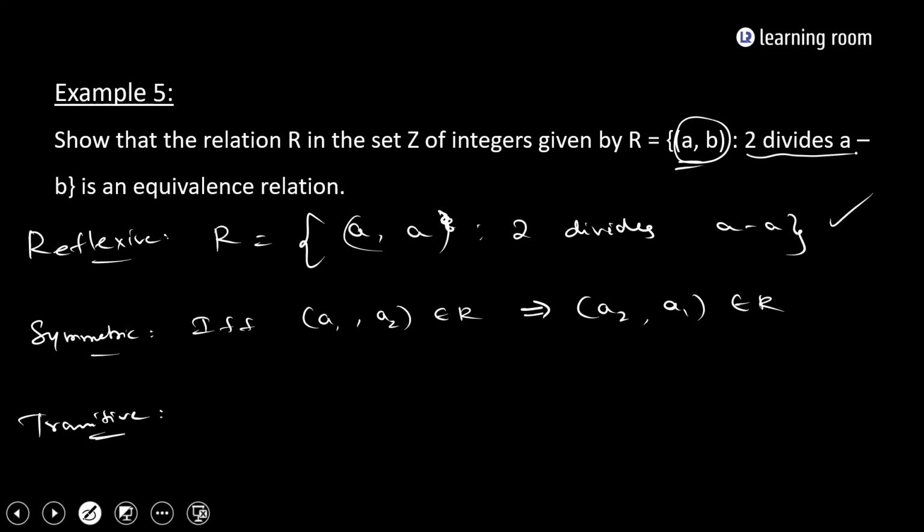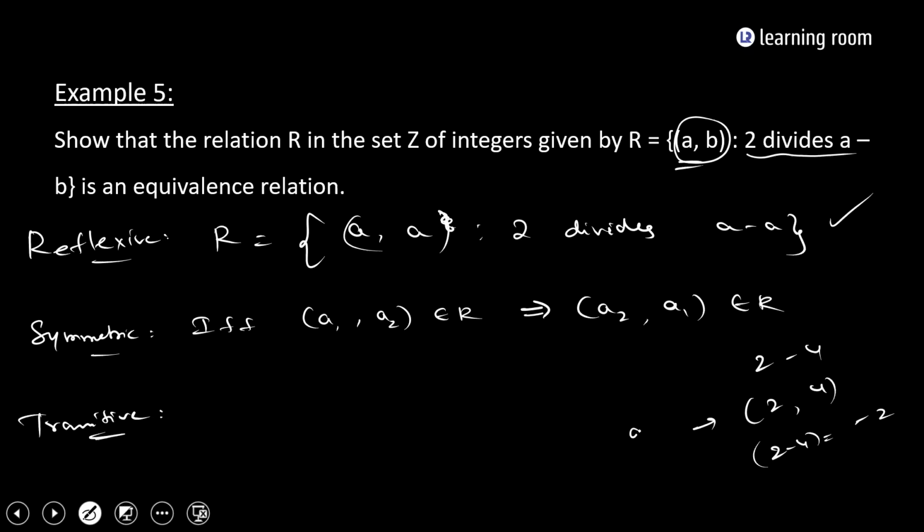That's the meaning. For example, if I take the numbers to be 2 comma 4 as (a1, a2), then 2 minus 4 is minus 2. Is it divisible by 2? Yes.